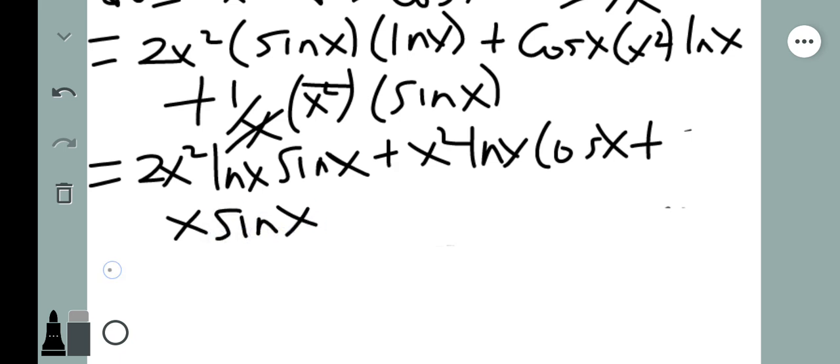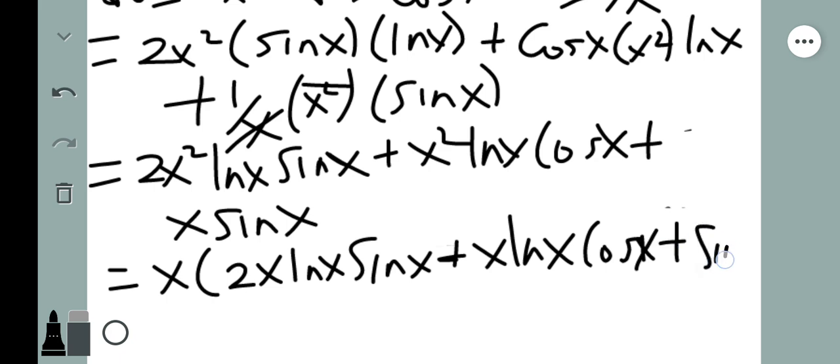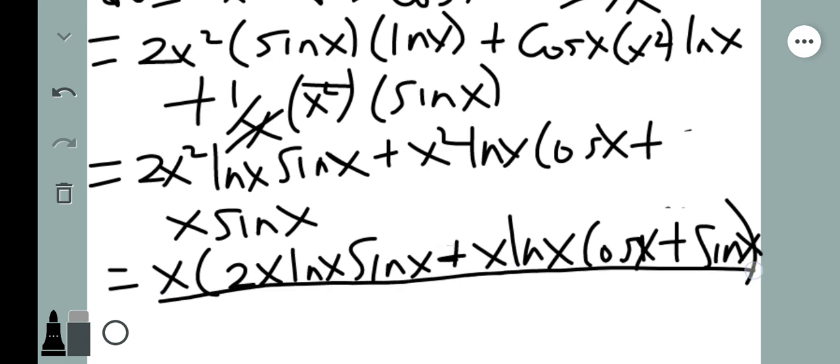Now what is common to everything here? x is common. So what do we have left? We have 2 ln x sine x plus x ln x cos x plus sine x. After factorizing, this is our final answer for that problem.